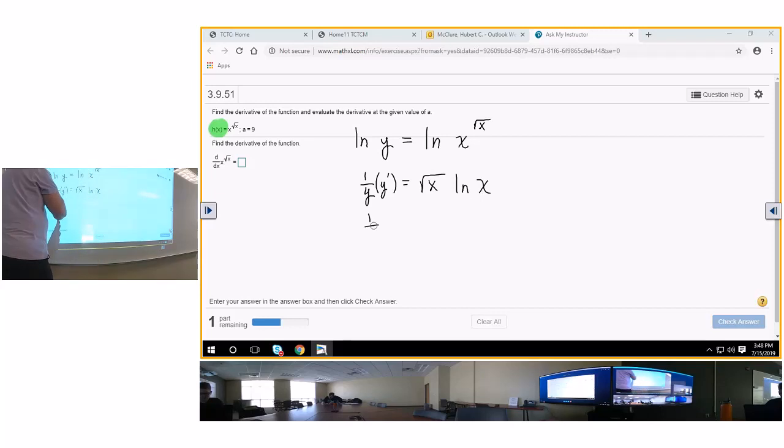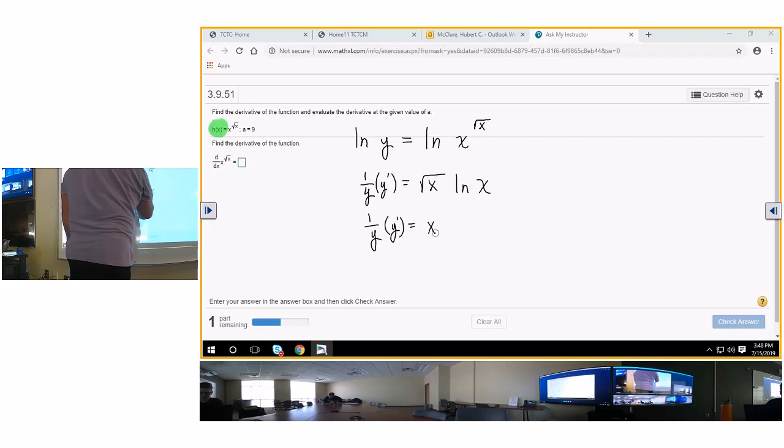One over y prime is equal to x to the 1/2 times the natural log of x.